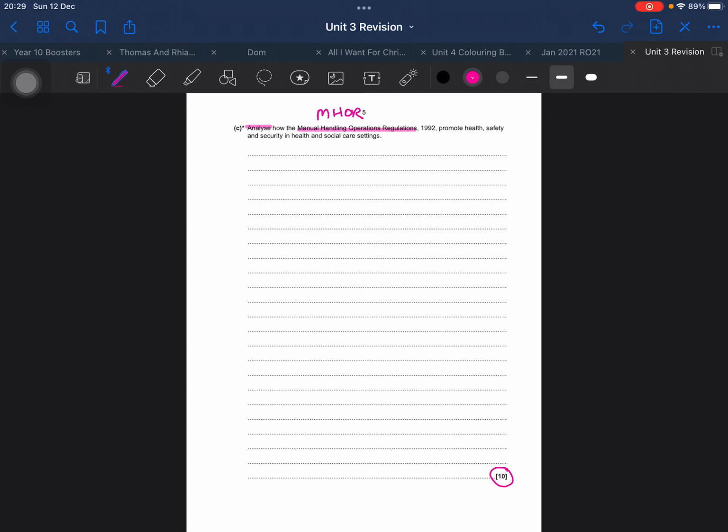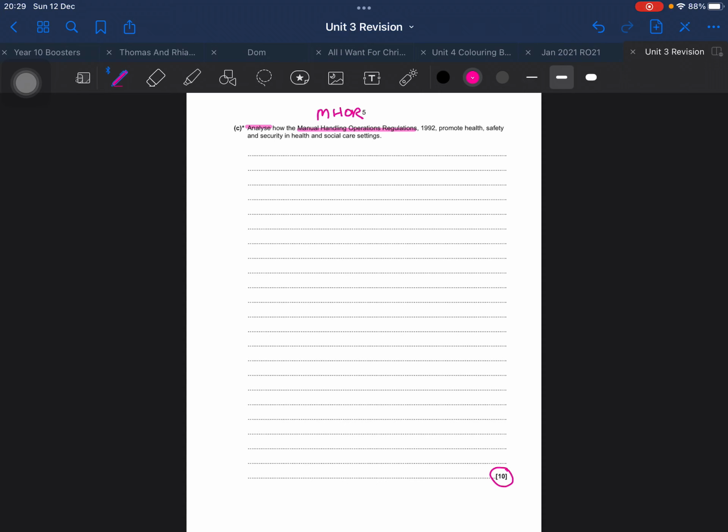We've got to have explicit reference back to the Act that we're talking about and be factually accurate. Level 1 is going to be a limited response, it's more of a list, and level 2 may have some reference to it and analysis, but not as much as you would expect for level 3.